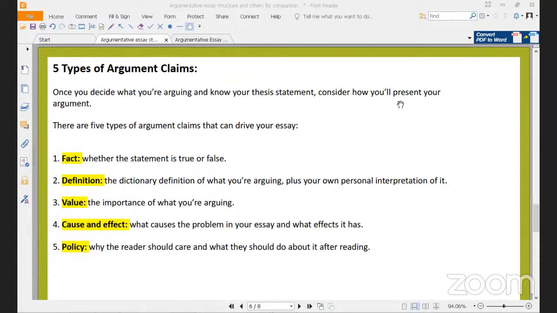There are 5 types of argument claims that can drive your essay. First, fact, whether the statement is true or false. Second, definition, the dictionary definition of what you're arguing, plus your own personal interpretation of it. Third, value, the importance of what you're arguing.